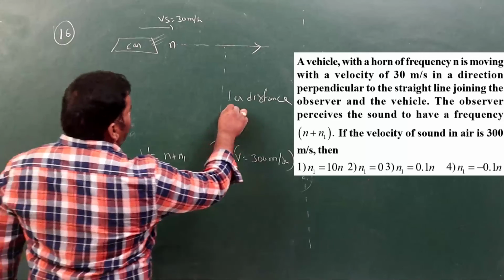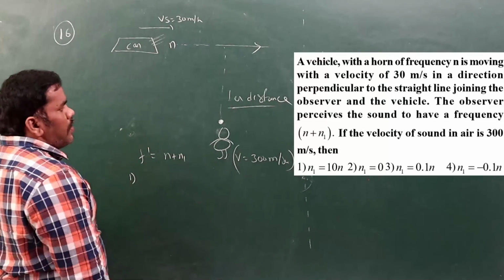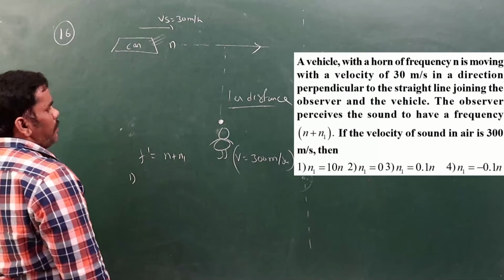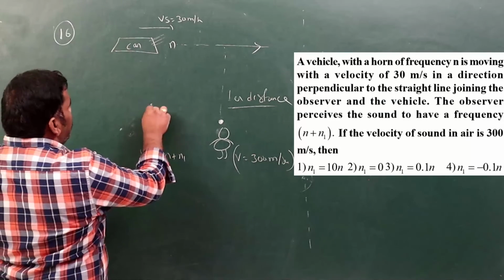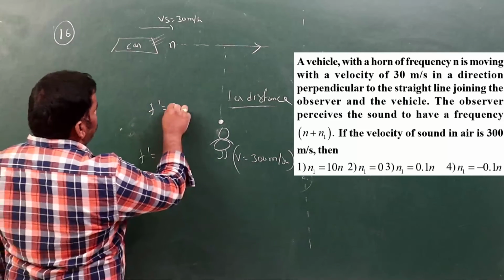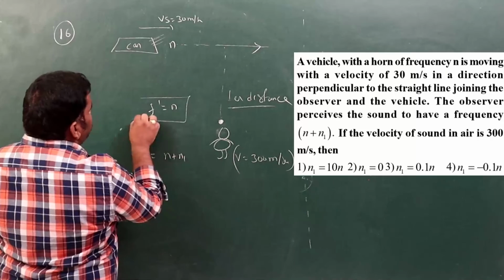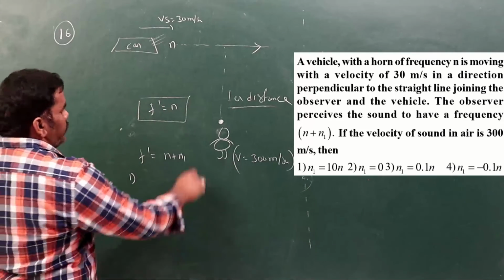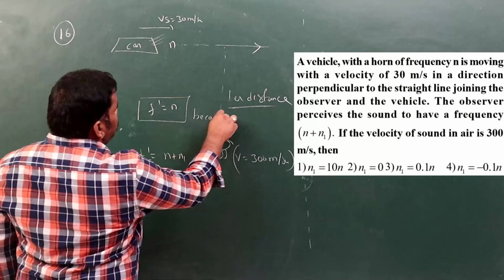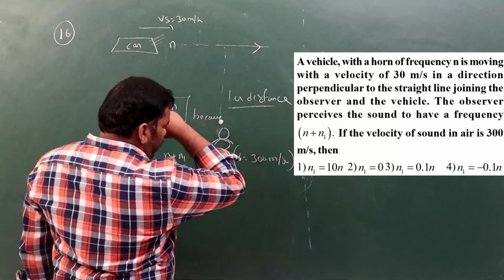So here, since it is perpendicular, the Doppler effect is not applicable. That means f dash is equal to n; the apparent frequency is equal to the original frequency, because the Doppler effect is not applicable when the source and observer are perpendicular. So f dash is equal to n.